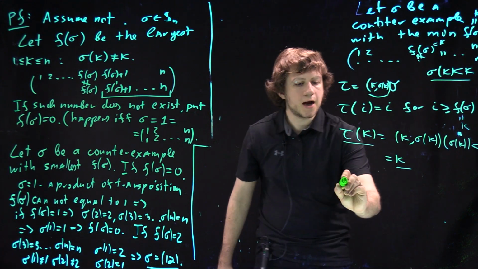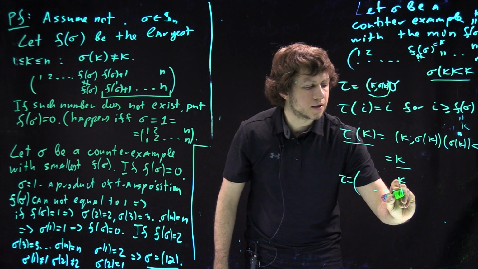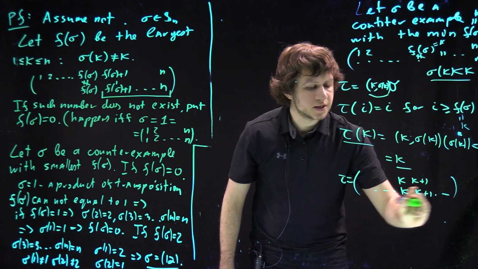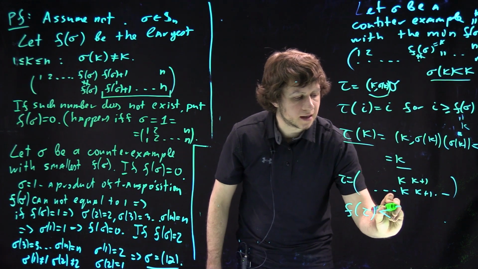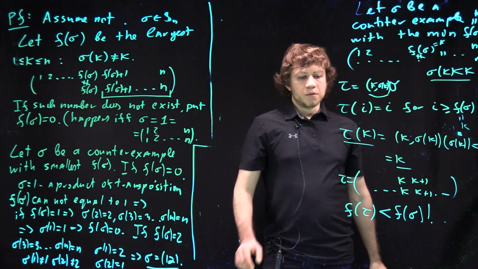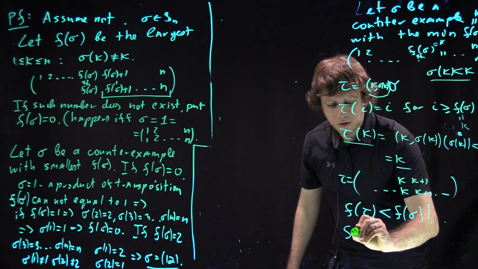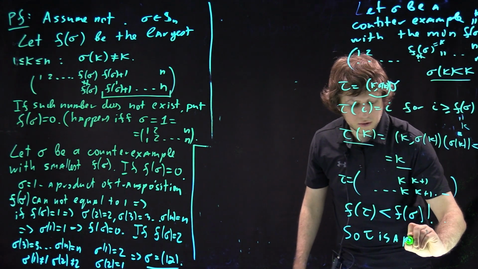So actually tau fixes even k: k goes to k, and k plus 1 goes to k plus 1, and so on. So what it means is that f of tau is actually smaller than f of sigma.